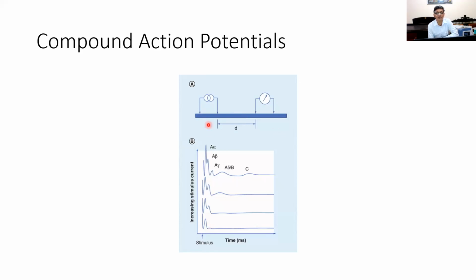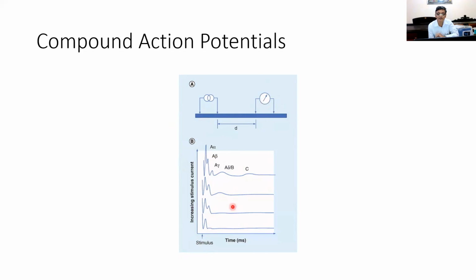And so when you stimulate, now concentrate on panel B. There are 1, 2, 3, 4 lines. Pay attention here. You give a stimulus at this point and record on a computer with appropriate software.